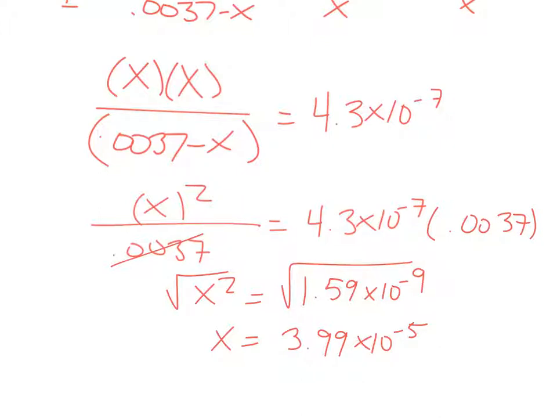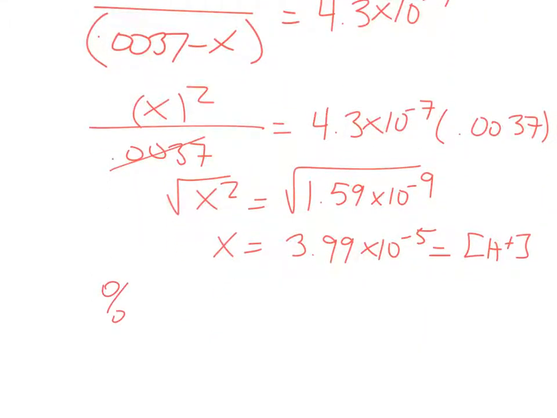Now that we've got that x value, which represents the amount of H plus in solution, even though we assumed it's very, very small compared to the original concentration, as long as the percent ionization is less than 5% of the overall, we can assume the amount dissociated is so small that the original concentration, 0.0037, is a satisfactory amount.